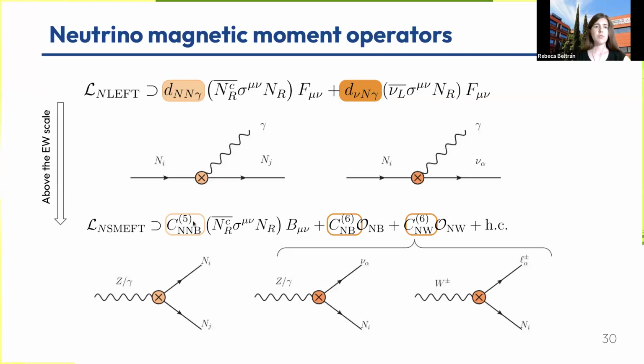So one can relate the coefficients of the two theories by performing the matching procedure. But for illustrative purposes, and because I don't have a lot of time now, I'm going to discuss a scenario where only this first operator is taken into account.